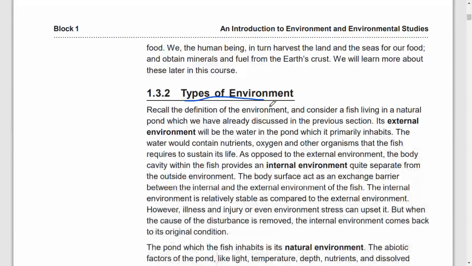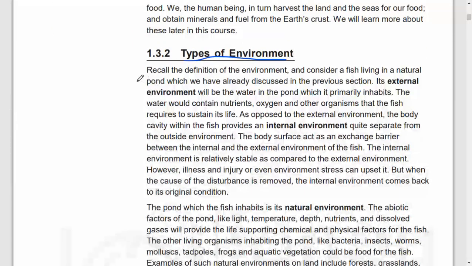Types of environment. Recall the definition of the environment and consider a fish living in a natural pond, which we have already discussed in the previous section. Its external environment will be the water in the pond which it primarily inhabits.